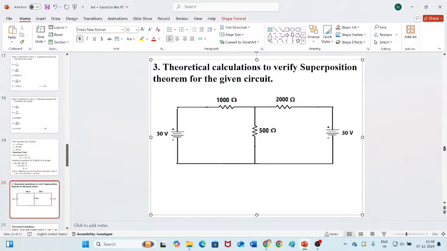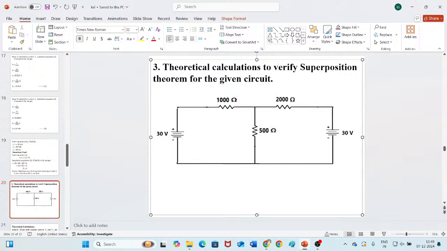Now if you observe this circuit, there are two sources, a 30 volt source and another voltage source. How many elements are there? Passive elements: 1000 ohms, 500 ohms and 2000 ohms. Total 3 resistive elements and 2 voltage sources.